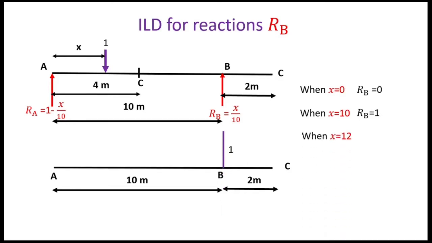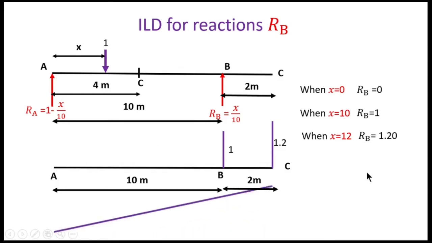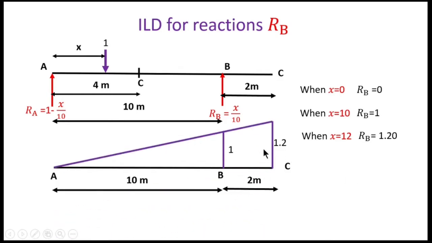Then when x equal to 12, at location C, Rb is equal to 1.20. Now join this line smoothly through 0, 1 and 1.2, and this line is linear. Above the line is positive and below the line is negative. This is the ILD for reaction Rb.